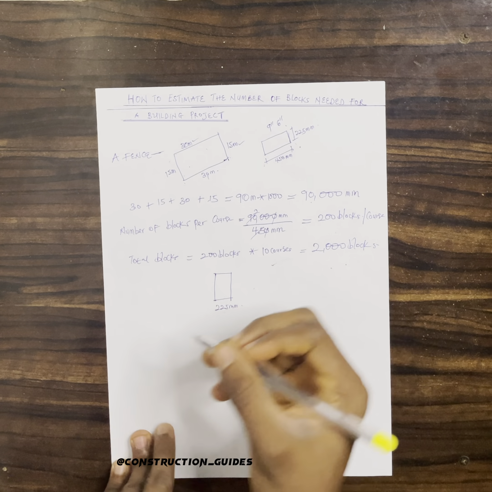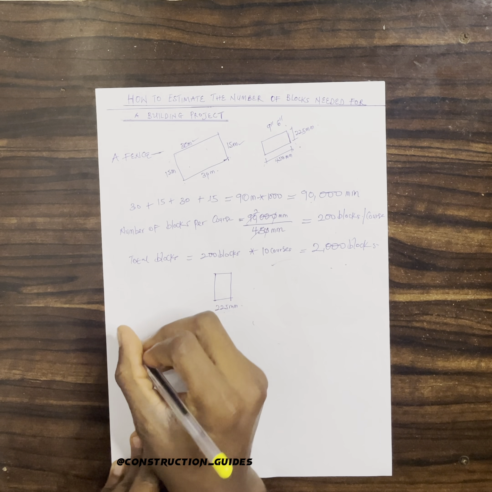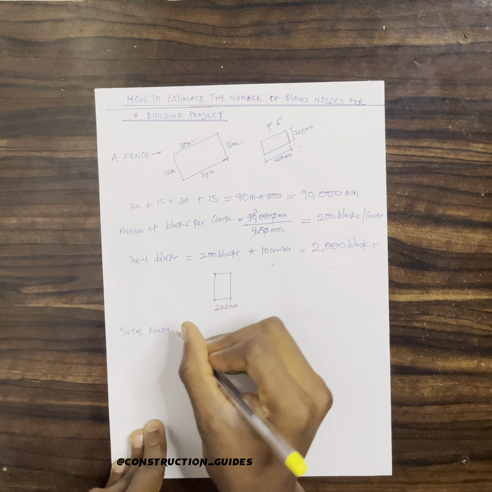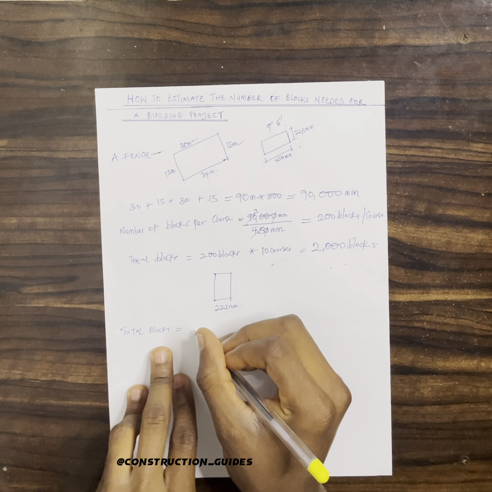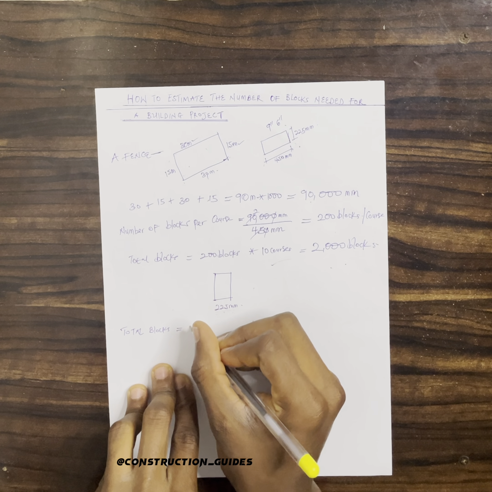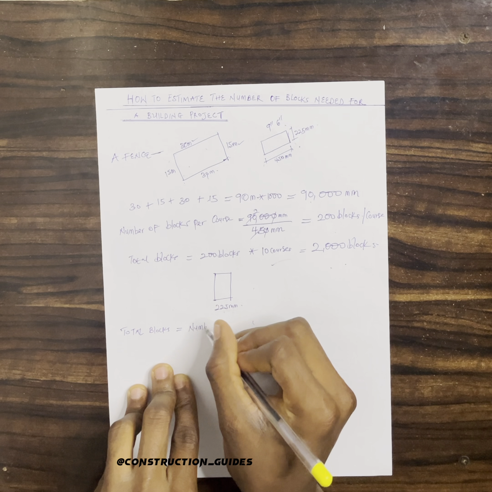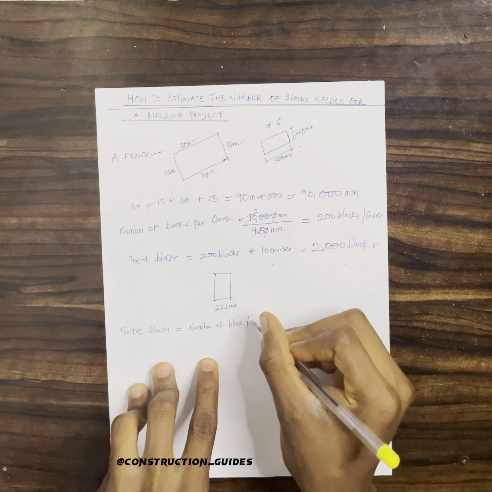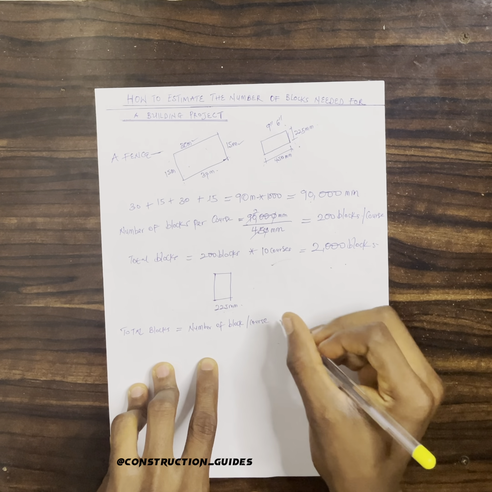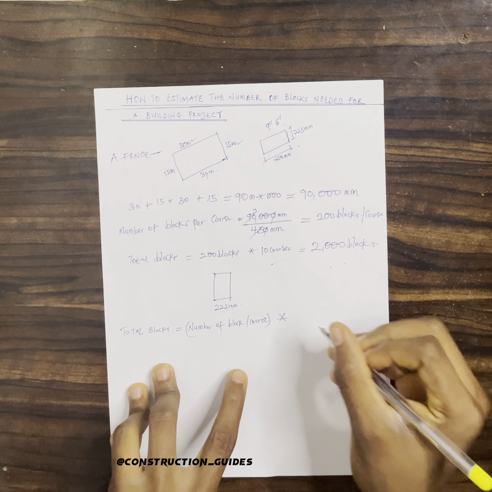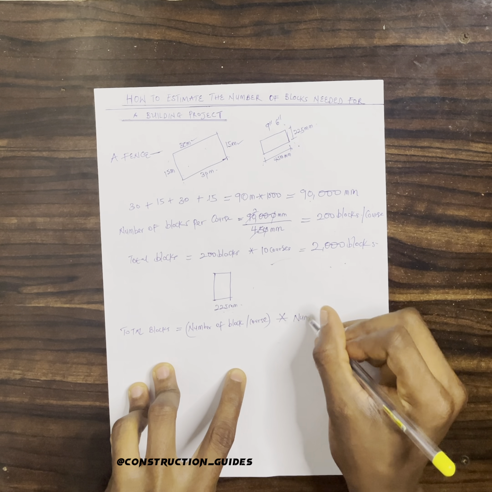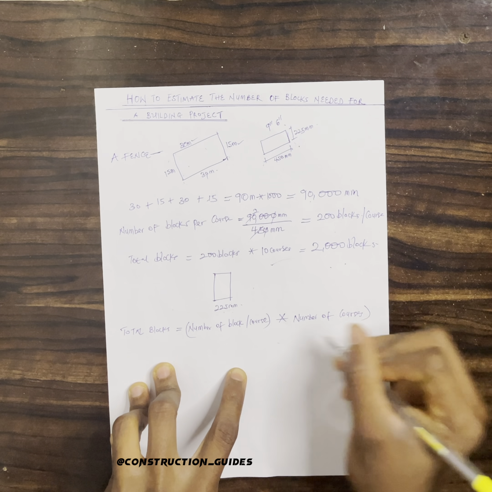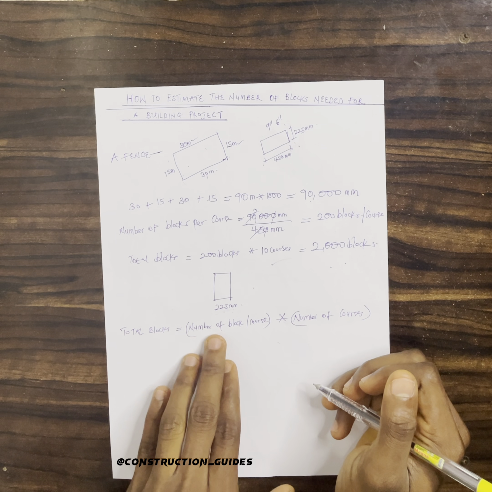So with this, the formula for total blocks will be number of blocks per course times number of courses. Now you break it down.